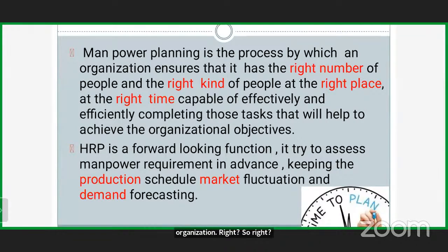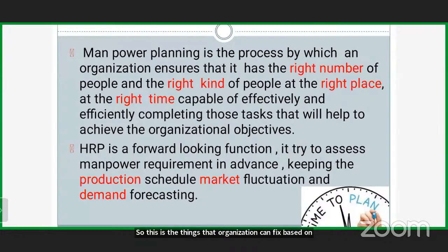Right place is, say, the DDC, and right time is January 2023. These are the things that the organization can fix based on this.